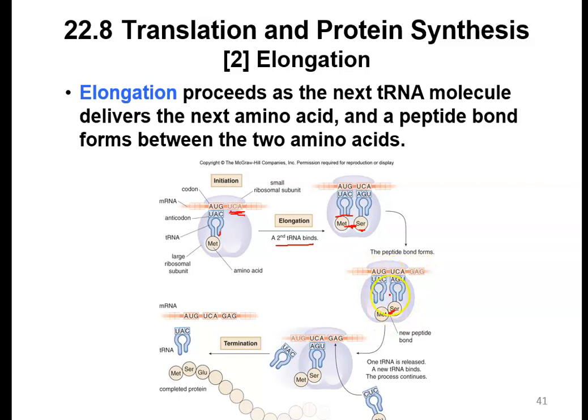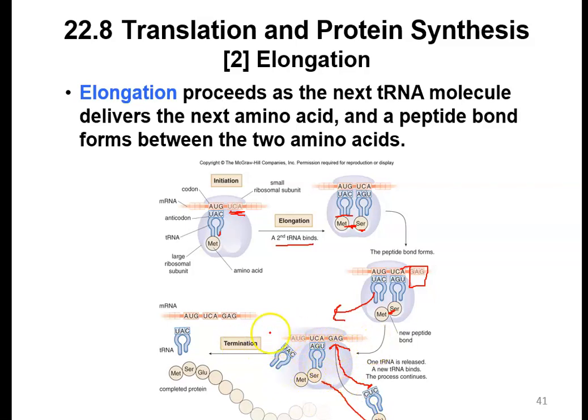As this slides down, this one will get kicked out. It gets moved into that place, and then you have our next code. In this case, it's GAG, which is CUC for the anticodon right there. It matches up with this one, goes into place, and then the glutamine hooks up with the serine, and then it just keeps going.